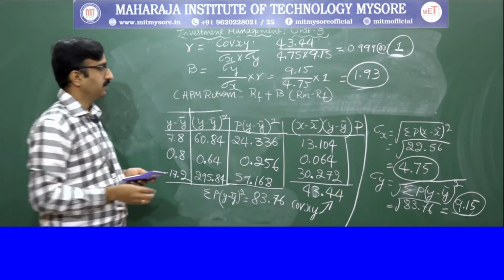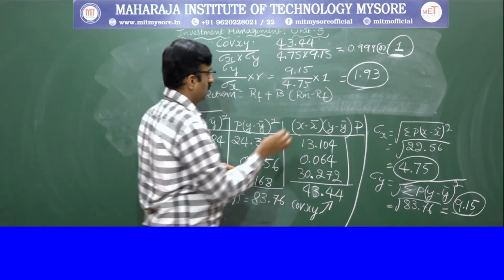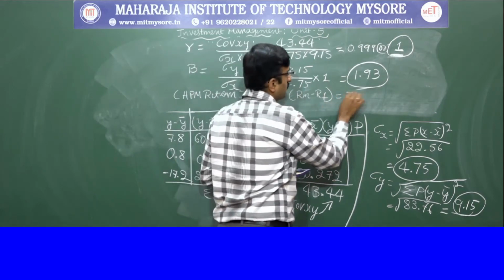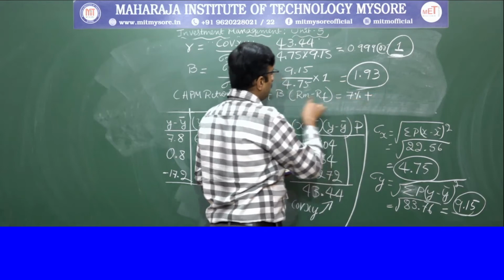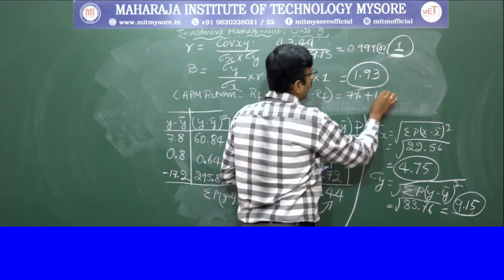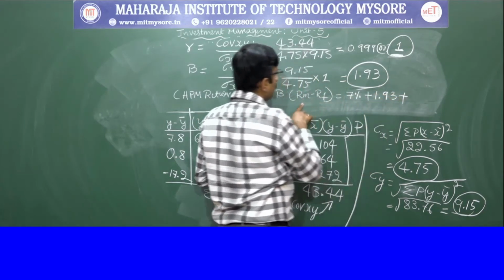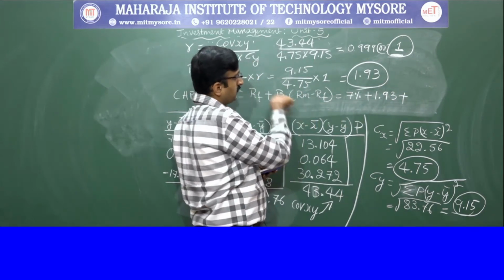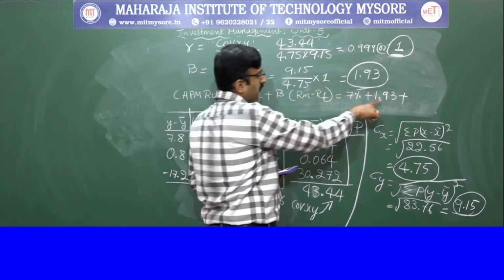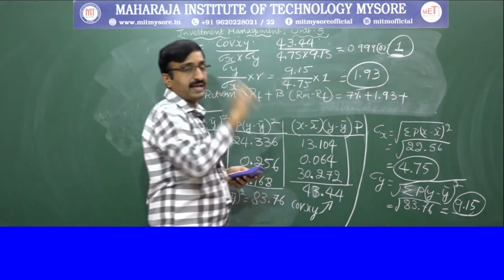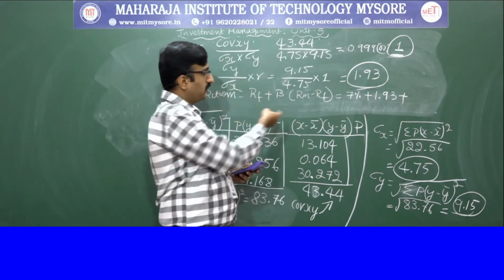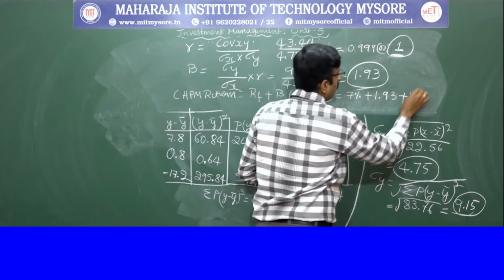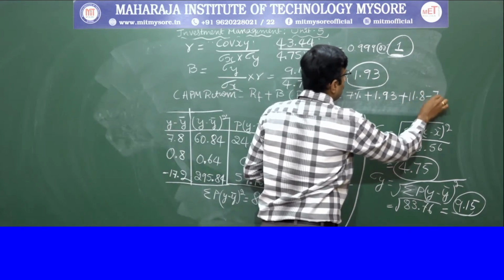RF, they have given in the problem, 7%, plus beta, just now we have found 1.93, into RM minus RF. RM is equal to x bar. In the preceding table we have found x bar, 11.8, minus 7.